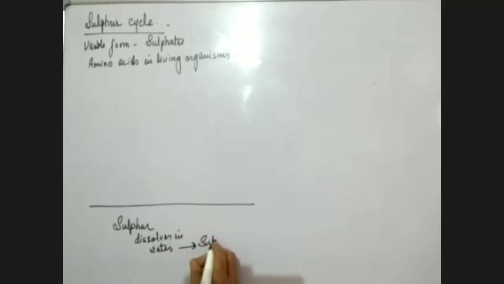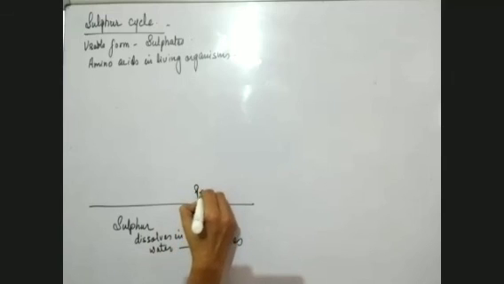Now what happens? The sulfur is there in the soil also. This sulfur dissolves in water, changes into sulfates, and these sulfates are then absorbed by the plants, the producers.